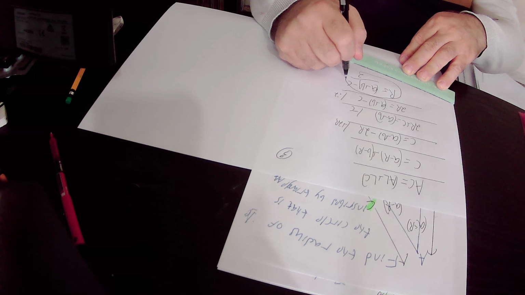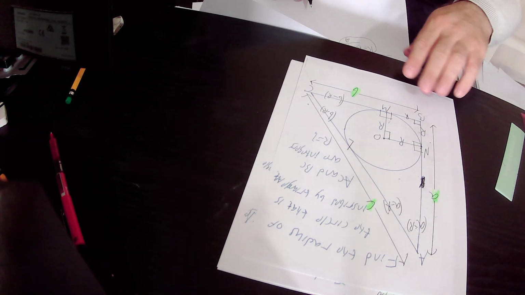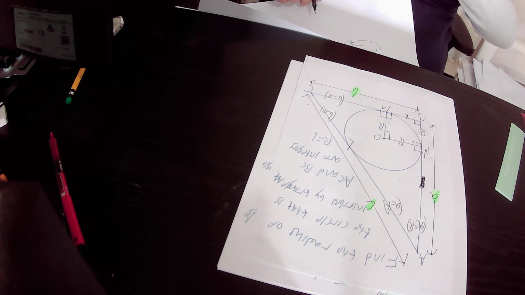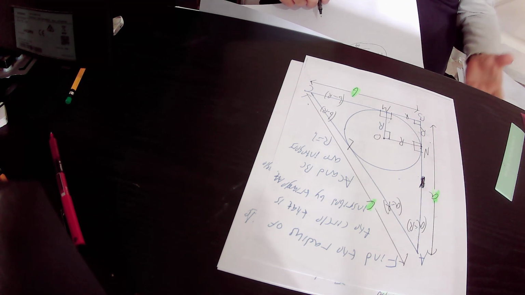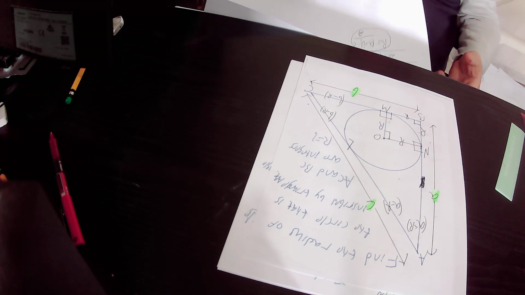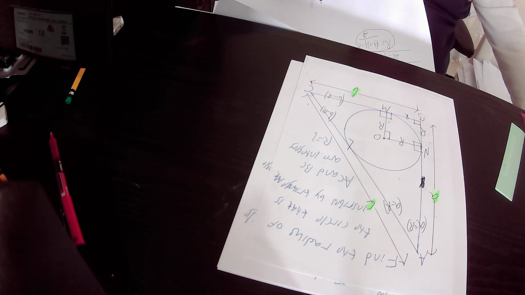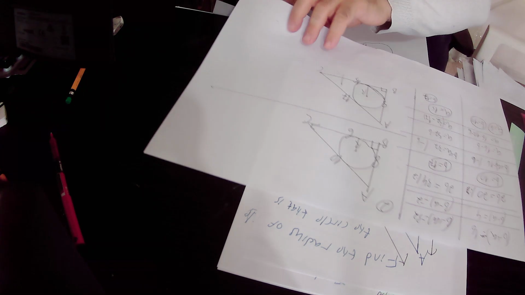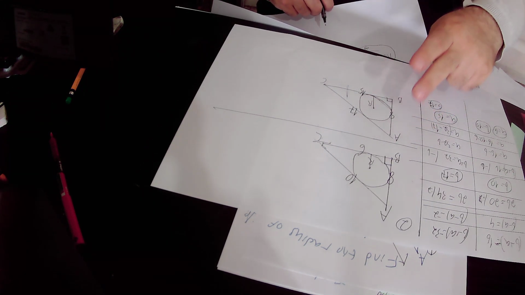So we found the radius of this circle that is inscribed by triangle ABC that could be any triangle. Because the right triangle ABC could be any right triangle, we can use the formula that we found in order to find the radii of those two circles that are inscribed by those two right triangles.